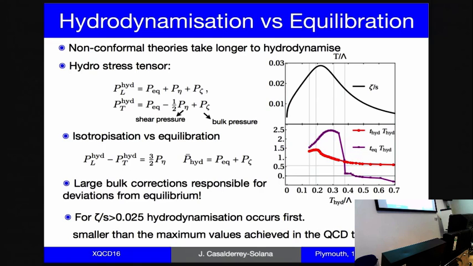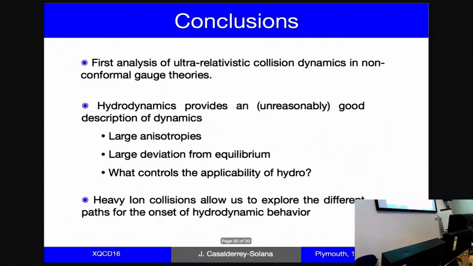Within this model, ζ over s is 0.025, which is much smaller than the maximum value one would get from QCD, that is 0.03. So in principle this is well within the ballpark, within reach of experiments that equilibrate close to the transition.